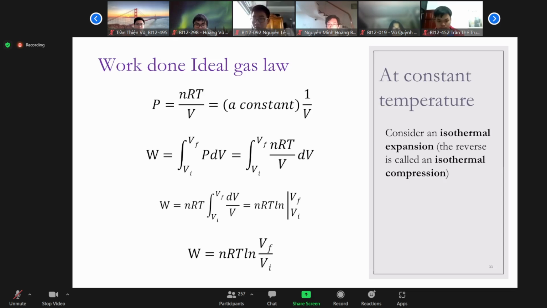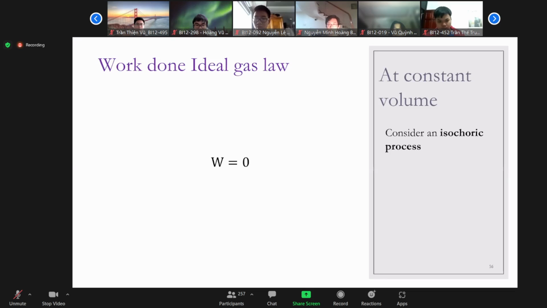what do we have? At constant volume, this one we started already. Since the system does not expand or compress, there's no work done.